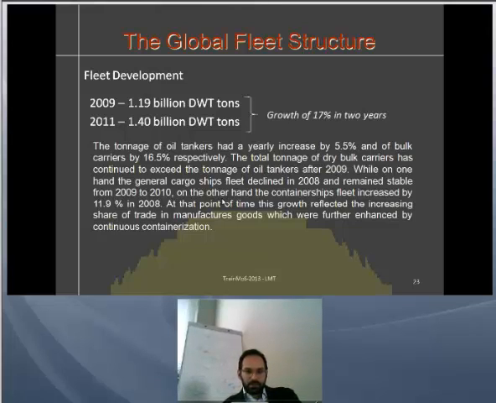As we have indicated before, the container ship fleet has substantially increased, and this reflects the growing share of manufactured goods that need to be transported around the globe.